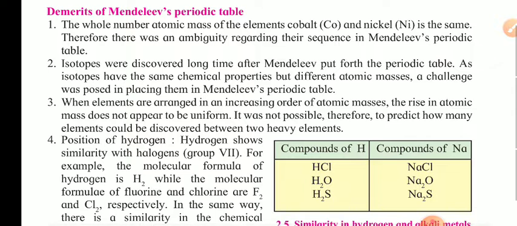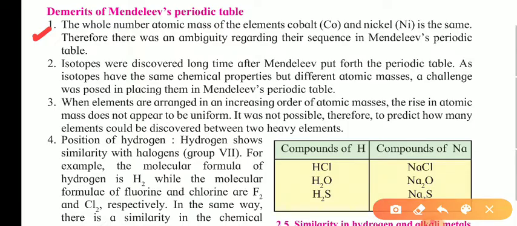So these were all the benefits of the periodic table given by Mendeleev. But as we know, merits and demerits both run together. So there were some merits in the periodic table, along with that some demerits were also there in Mendeleev's periodic table. That also we will see one by one. First of all, the whole number atomic mass of the elements cobalt and nickel is the same. When we see the whole numbers, the atomic masses of cobalt and nickel were the same. Therefore, there was an ambiguity regarding their sequence in Mendeleev's periodic table.